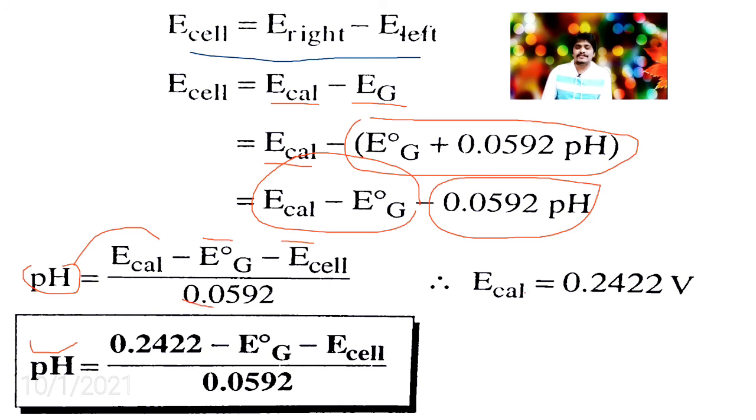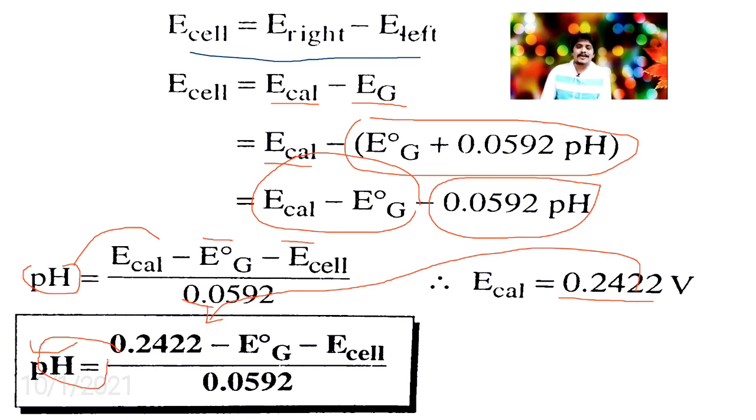We are well versed that the electrode potential of the calomel electrode is 0.2422 volt, so substituting this value, pH equals 0.2422 minus E naught G minus E cell, divided by 0.0592. With this formula, you can get the pH of the unknown solution using the glass electrode.